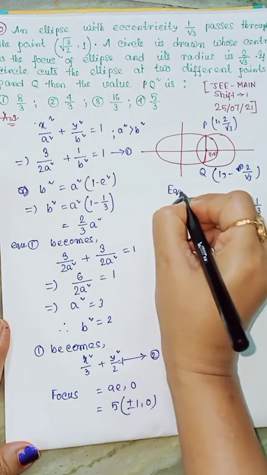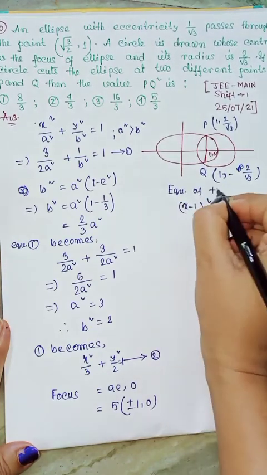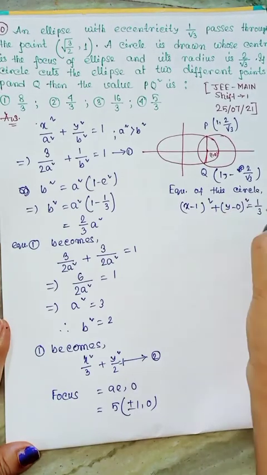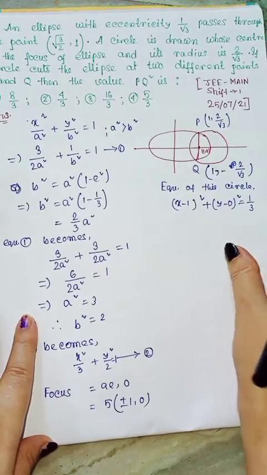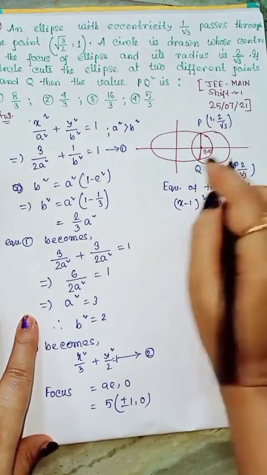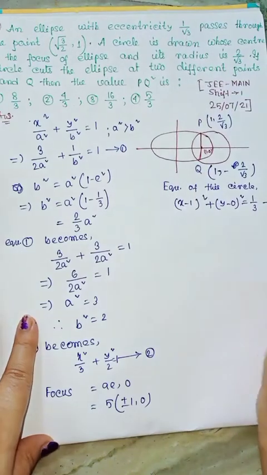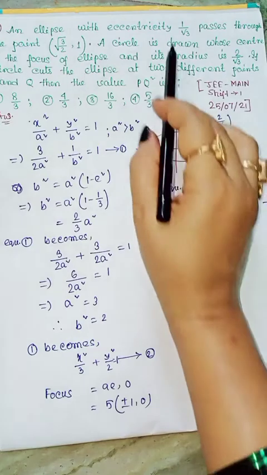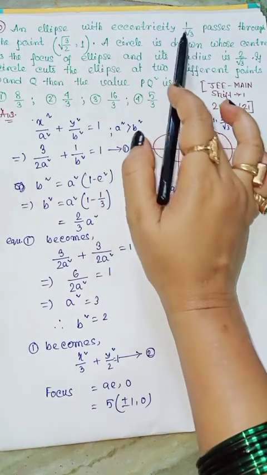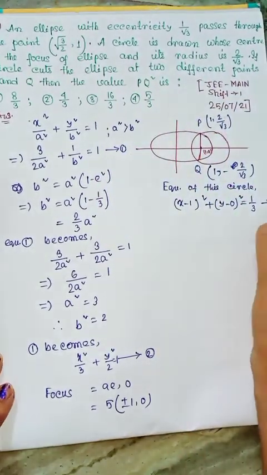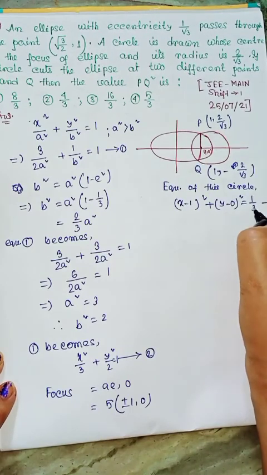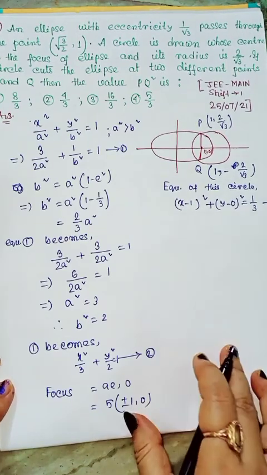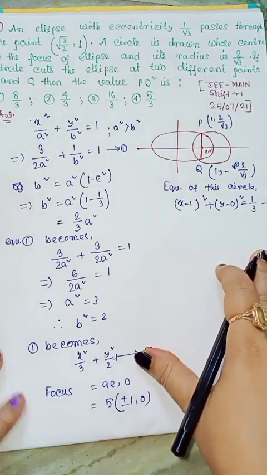This is the equation of the circle, because the eccentricity is the radius, and the circle passes through the focus. So r square is 1 by 3, and that is the equation of the circle.